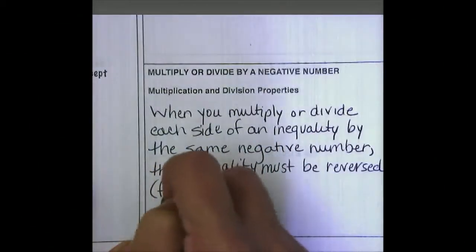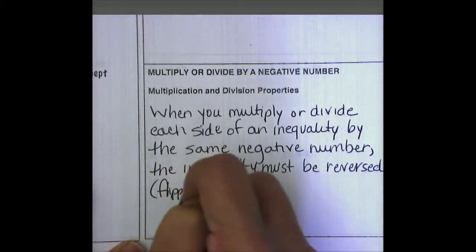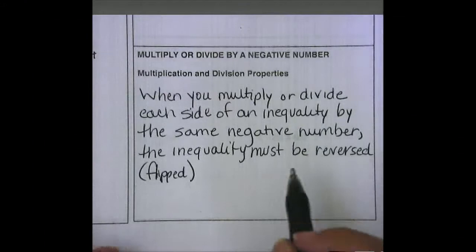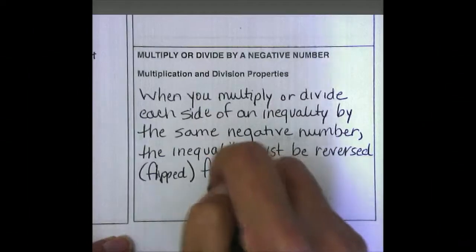You can write flipped in parentheses because we usually say flipped. Must be reversed or flipped for the inequality to remain true.